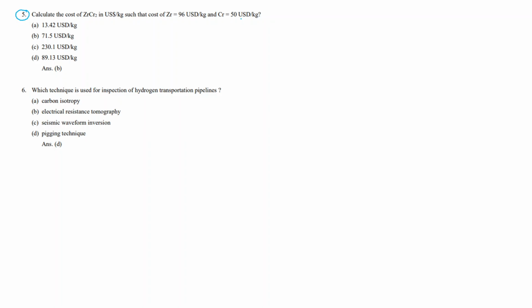What is given? The question is asking for the cost of 1 kg ZrCr2. 1 kg of ZrCr2 means 1000 grams.